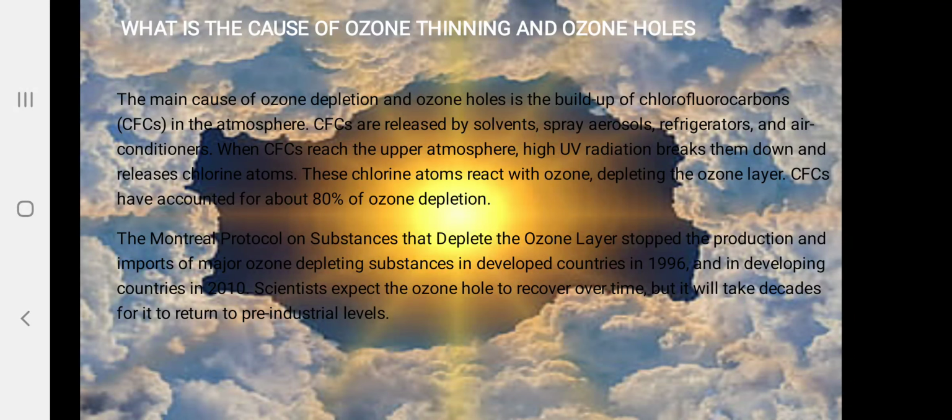This depletion of ozone is due to a buildup of CFCs in the atmosphere, and like 80% of the ozone depletion has already happened. So a group of scientists came together and started the Montreal Protocol, because they wanted to stop the depletion of ozone.